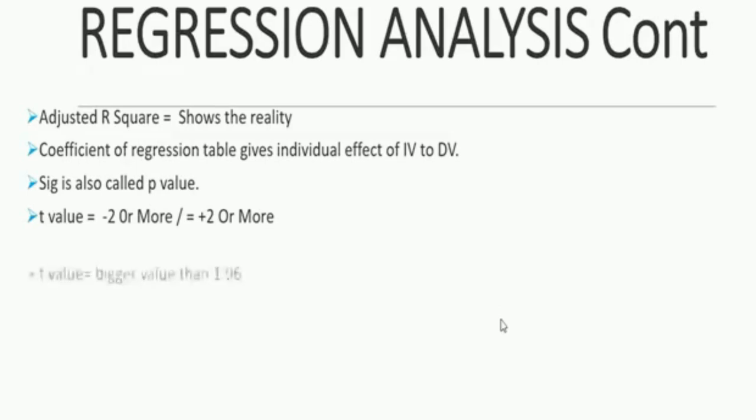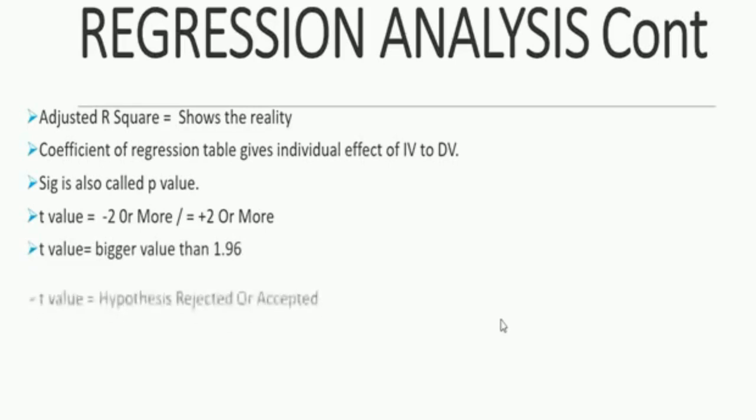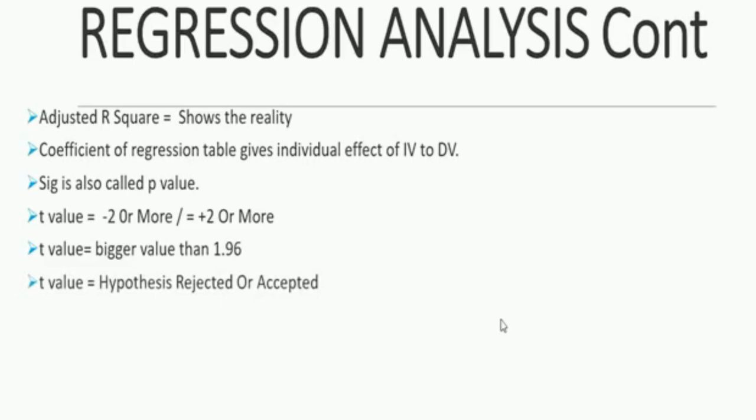T value should be bigger than 1.96, as I just mentioned. And t value also tells you whether your hypothesis is rejected or accepted. If your t value is more than 2, for example 8, and your hypothesis is positive, then your hypothesis will be accepted.